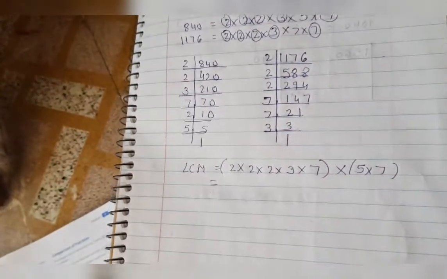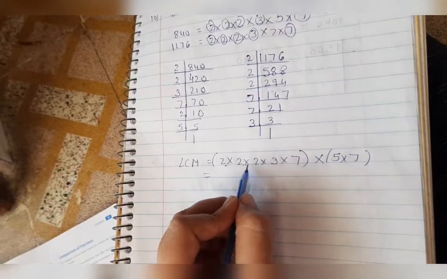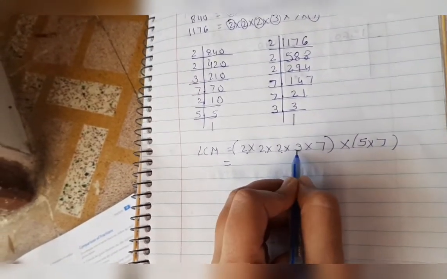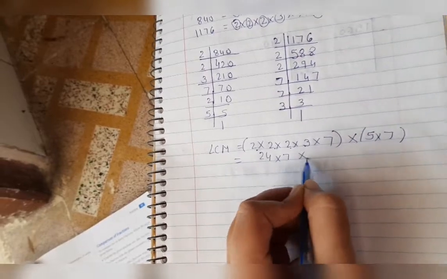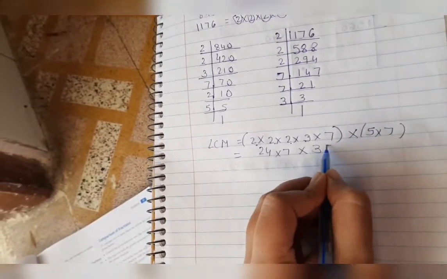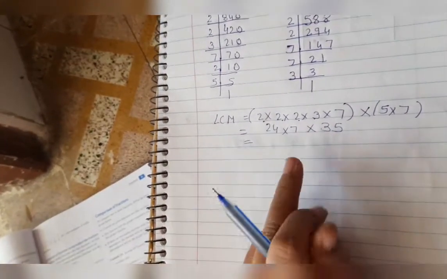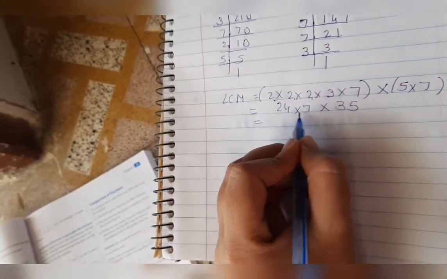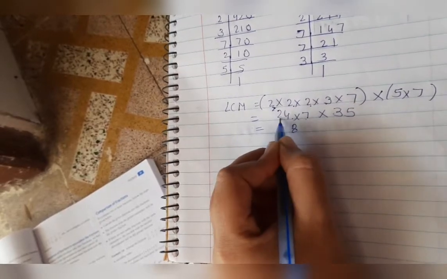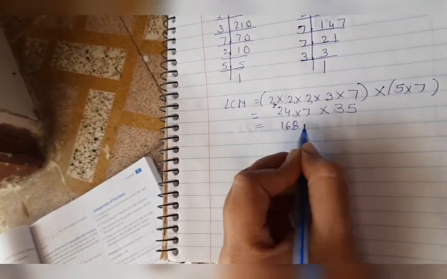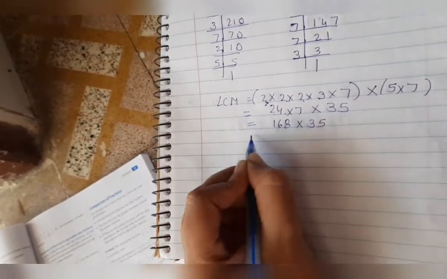So let us multiply these numbers. 2 2s are 4, 4 2s are 8, 8 3s are 24, 24 into 7, multiplied by 5 7s are 35. If you multiply 7 into 24, what will you get? 7 4s are 28, 7 2s are 14 plus 2, 16, 168 into 35.